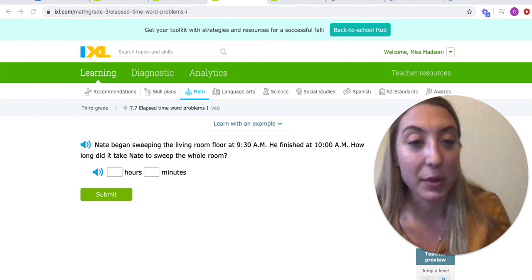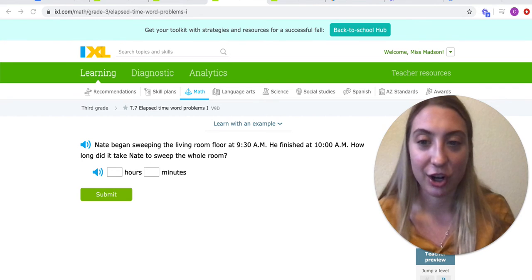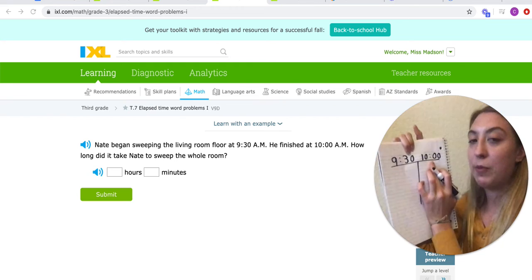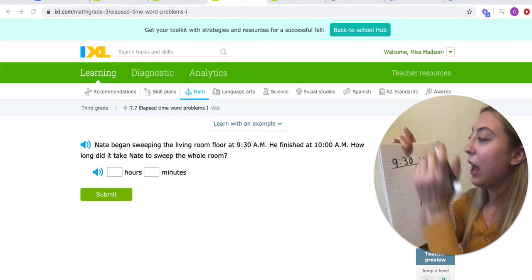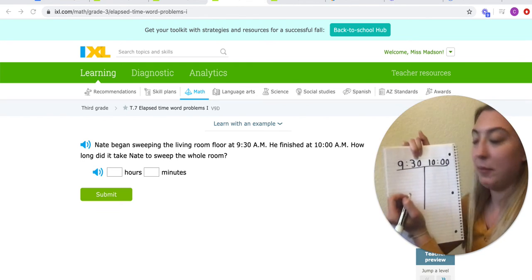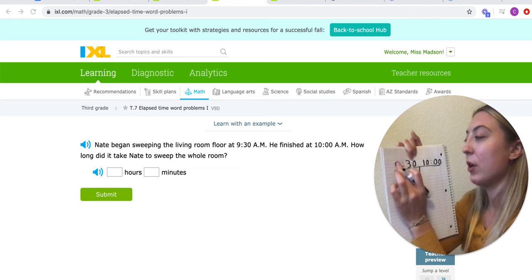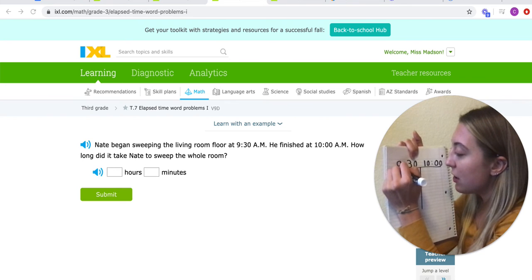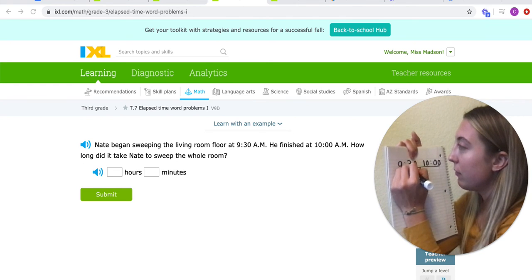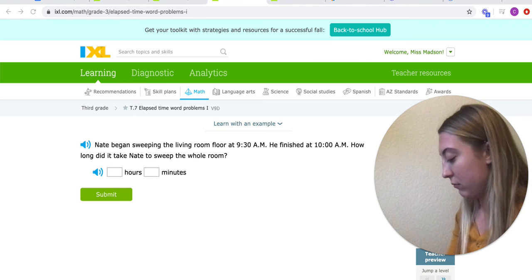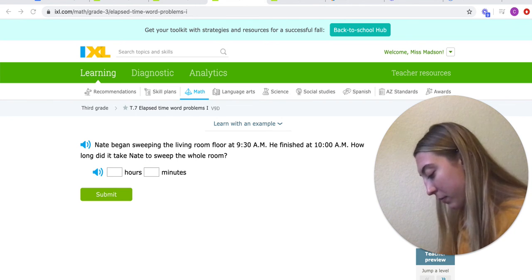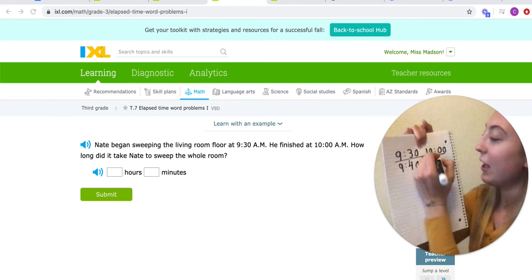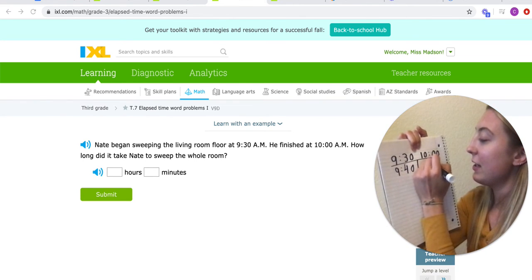So remember, I'm going to draw on my paper a T-chart. On my T-chart, I have my start time, my 9:30 to my 10 o'clock. But I'm going to go up by 10 minutes because if I go up by an hour, 10:30, it's already past my end time. So I'm going to write 9:40. That's plus my 10 minutes.